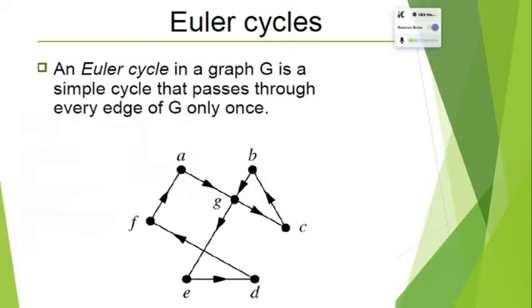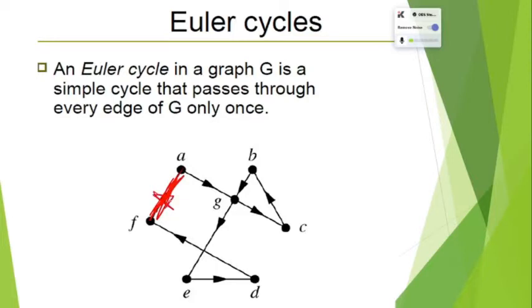So, yung Euler cycle. An Euler cycle in a graph G is a simple cycle that passes through every edge of G only once. Kumbaga, yung cycle na ito, if you pass through every edge, for example, itong edge na ito, so once lang talaga magdaan.